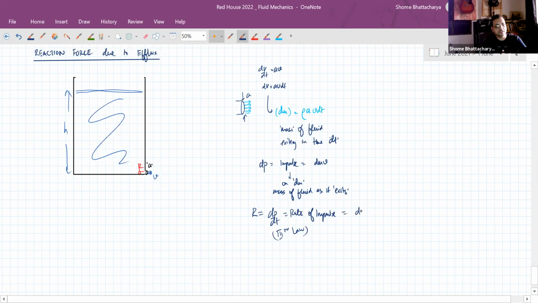So it is equal to dm by dt into v. So the reaction force is density into area into v square, where v is the efflux velocity.